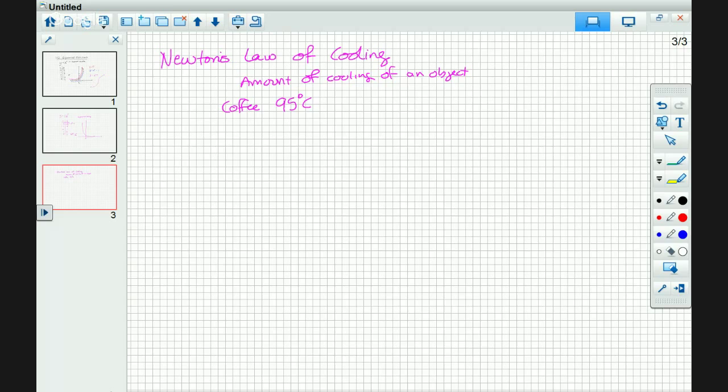I'm not going to drink that cup of coffee for a couple of hours. Depends on the beverage container you have. And the room is 20 degrees centigrade. We can model this with this equation.